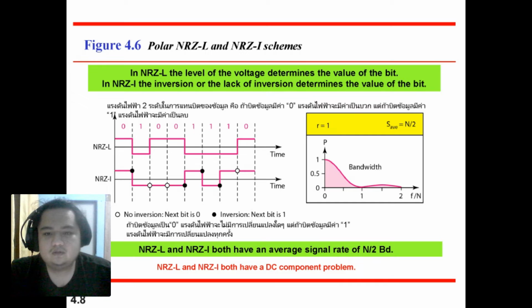In NRZ-I, the inversion of the level determines the value of the bit. NRZ-L and NRZ-I both have an average signal rate of N over 2 baud. Both have a DC component problem.